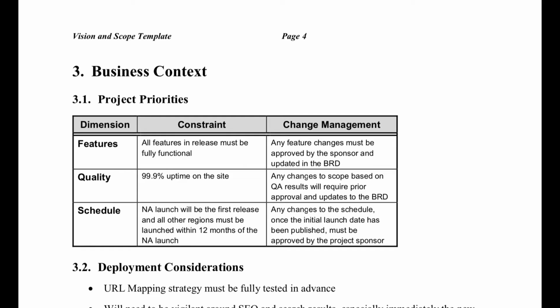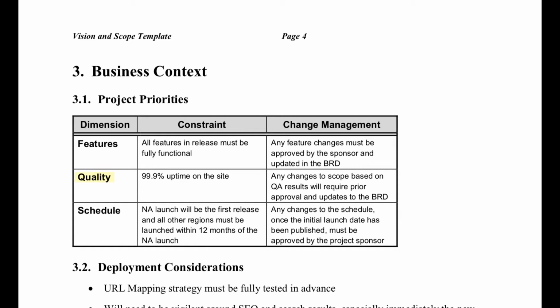The expectation is that once we've completed all of our reviews of the vision and scope, all of the changes and updates have been completed, and everybody has signed off that needs to give approval to the vision and scope document, that we won't be changing that going forward. What will change is the business requirements document, which is where we're actually documenting the requirements that are related to the features that are in this document. So we're saying from a change management perspective, the expectation is that the changes are made in the BRD.